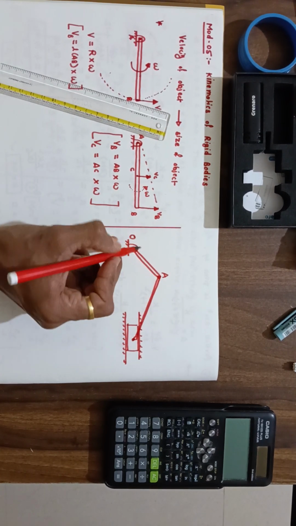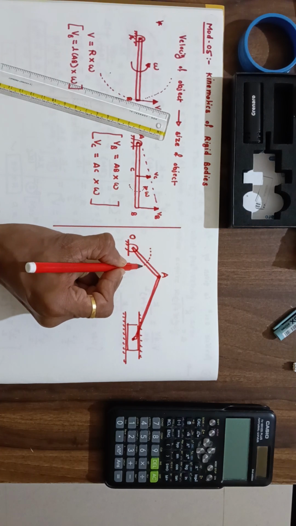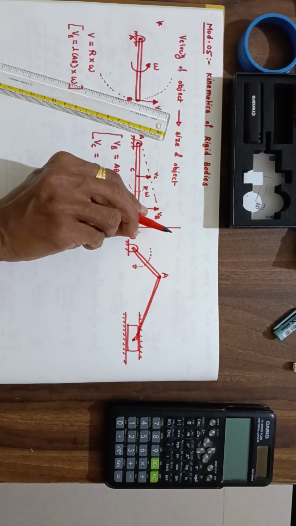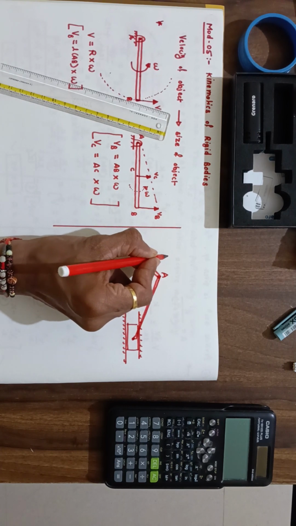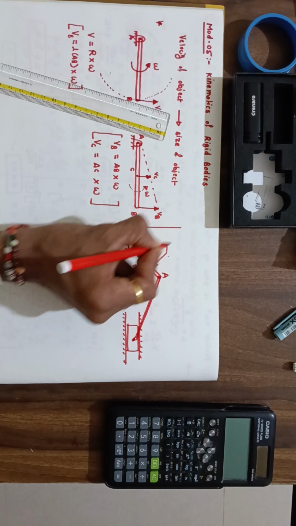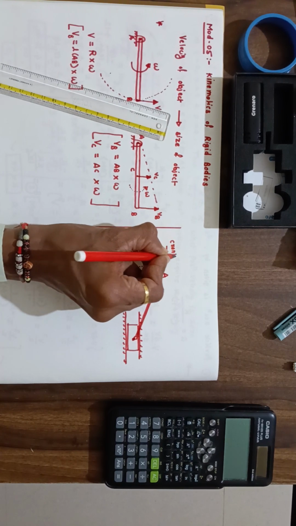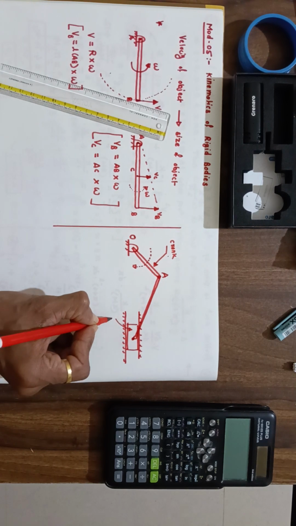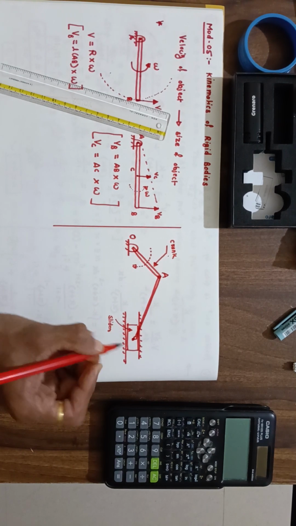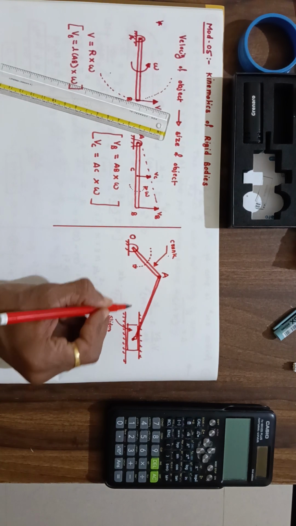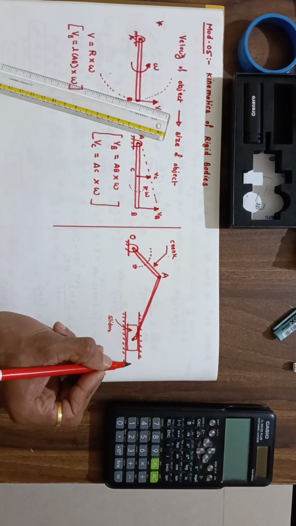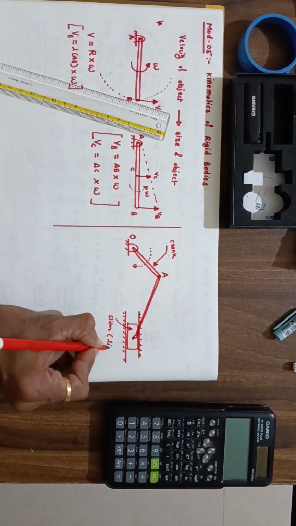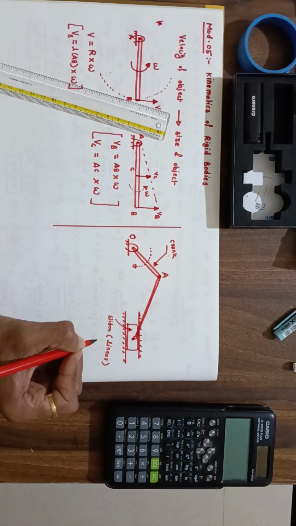The meaning of crank is that it has pure rotational motion, so it can just rotate like this. So this is called a crank. Second is the slider. So this is the slider. So slider means it can just slide in this direction, to and fro. Okay, so it has pure linear motion.